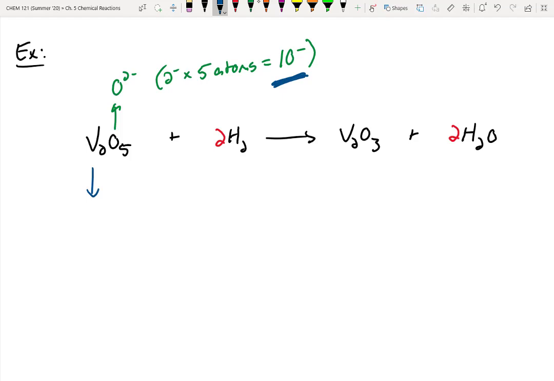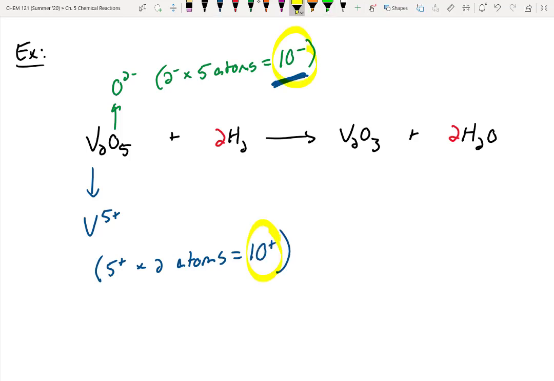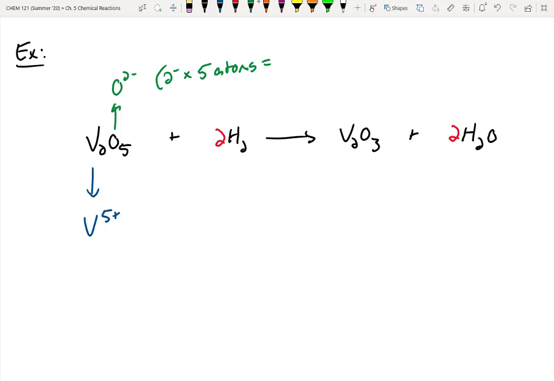So this tells me that we've got to be dealing with vanadium 5 plus, right? Because if we've got 5 plus times 2 atoms, we'd be getting a 10 plus, and that means that these 2 would cancel out, which is what we need to have happen with a neutral molecule. So I'm just going to erase this just to keep things neat and tidy.